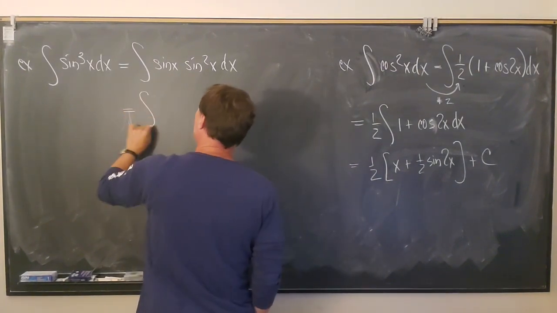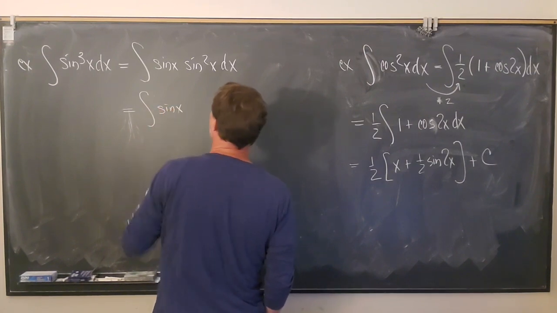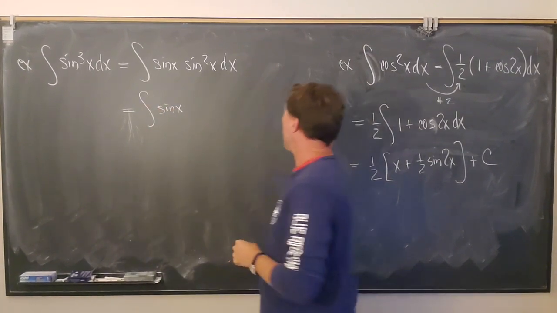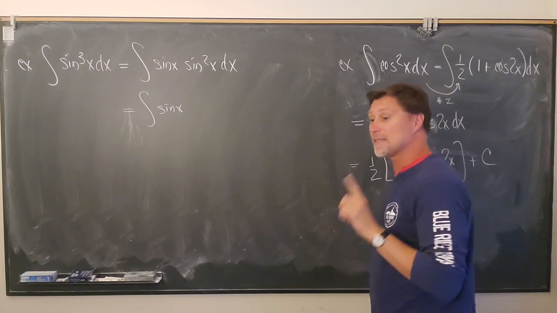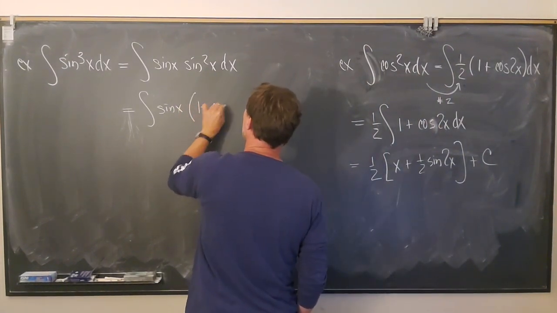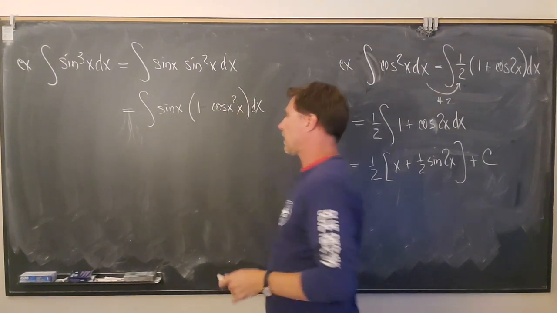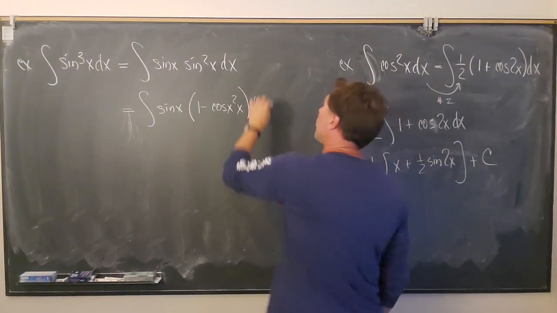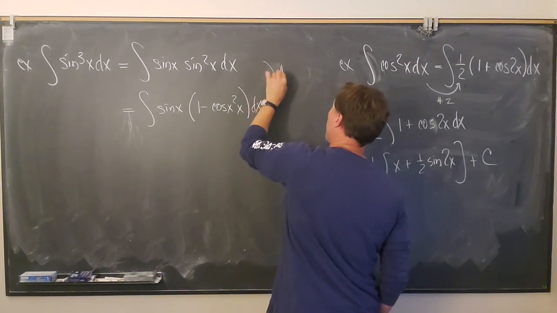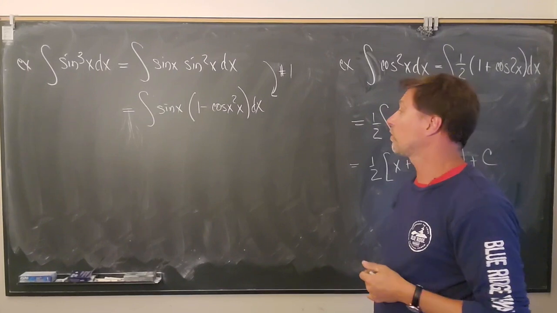Now, I'm going to apply an identity. If you look at identity number 1 and solve for sine squared, it is equal to 1 minus cosine squared x dx. All right, so what I did from here to here, I applied trig identity number 1. Just solve in that identity for sine squared x.